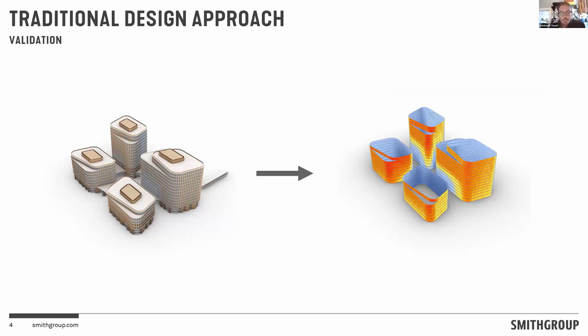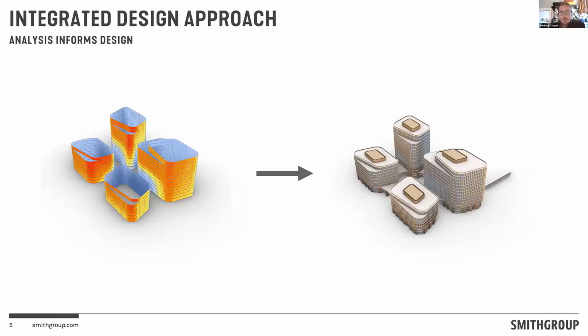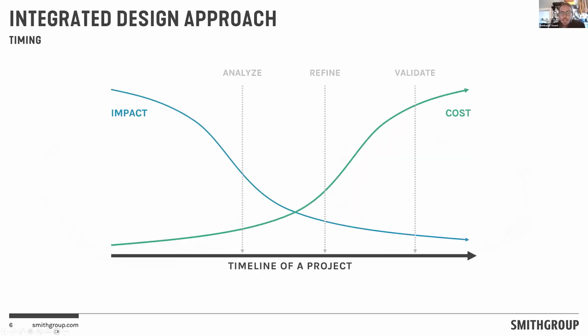And so a better way of working would be to flip this process, to have the analysis run in advance preemptively, or at the very least at the same time as when the architecture team is designing their building, so that we can inform decisions such as window to wall ratio, massing, the orientation, different programming, all these things from a daylighting and energy standpoint in our particular case, performance-wise, has an impact on the architectural design decisions.